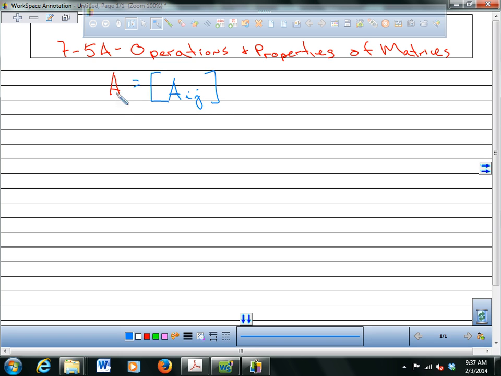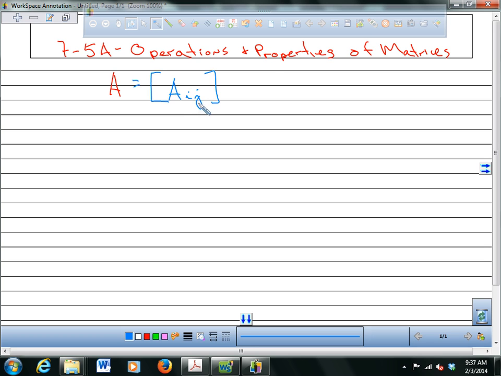This means matrix A can be represented by A sub i j, and i and j stand for the row and column of that particular matrix, okay?